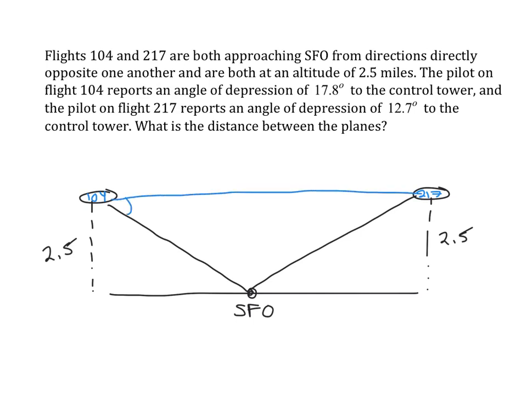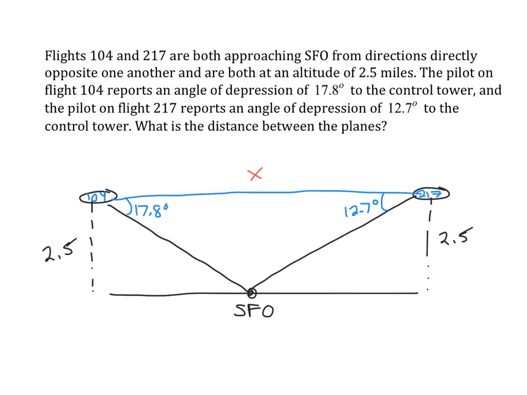So we do need to draw on that horizontal, and this angle is 17.8 degrees. And the pilot from flight 217 reports an angle of depression, again, it needs to be touching a horizontal, of 12.7 degrees. What is the distance between the planes? So they would like us to find this distance.